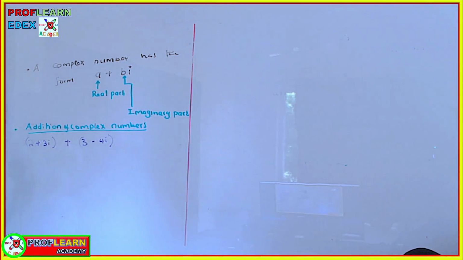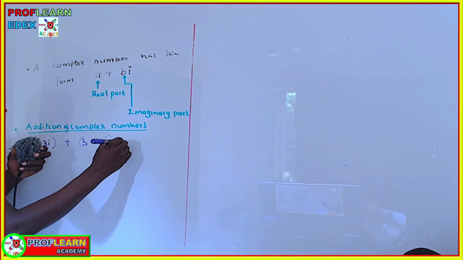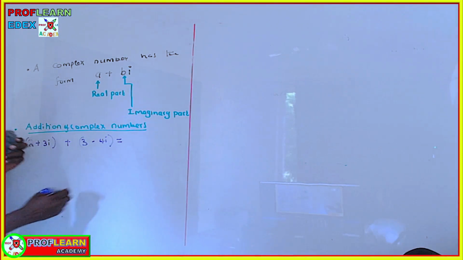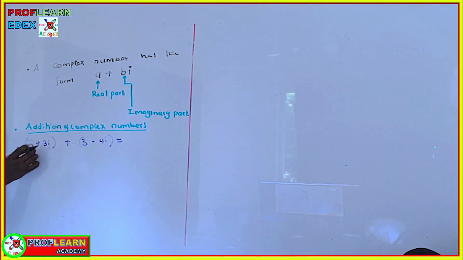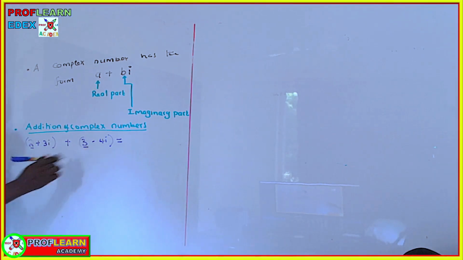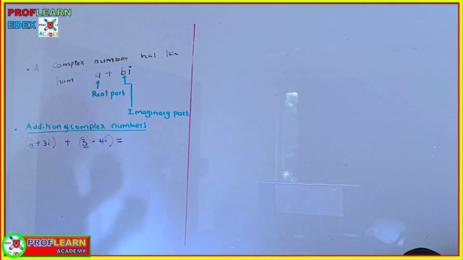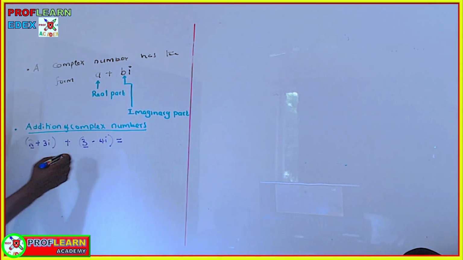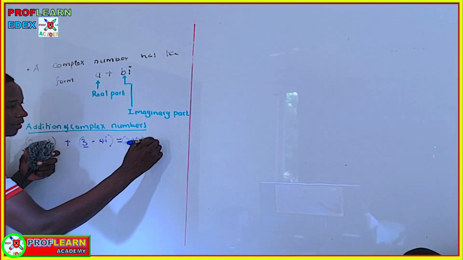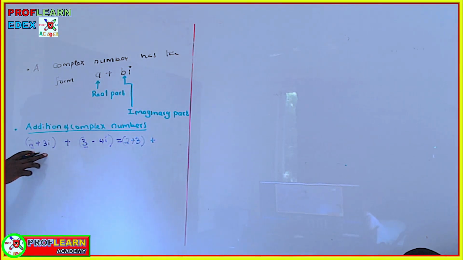So in order to add these, you need to look at the real part and the imaginary part. The real part here is 2, the real part for this second complex number is 3. So whenever we add this, this is going to be 2 plus 3, then plus we shall add the imaginary parts.